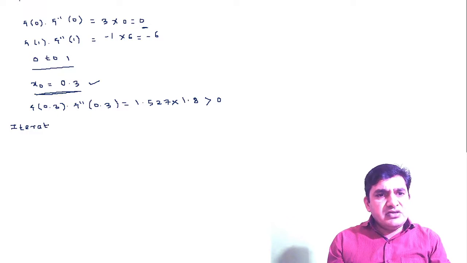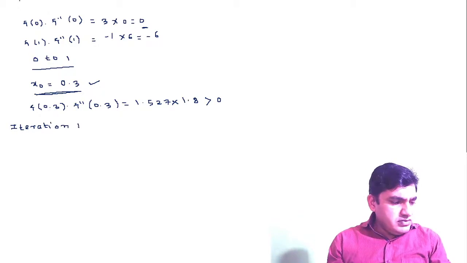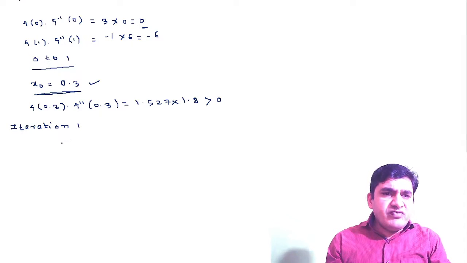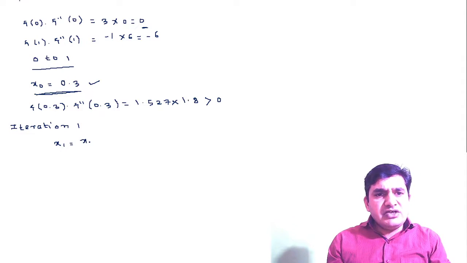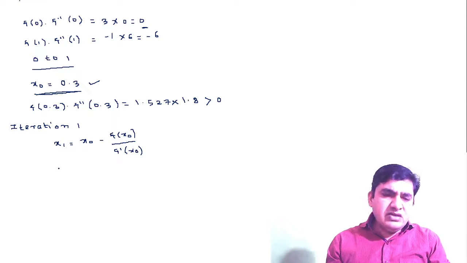Iteration 1 can be represented as x1 equal to x0 minus f of x0 divided by f dash of x0.